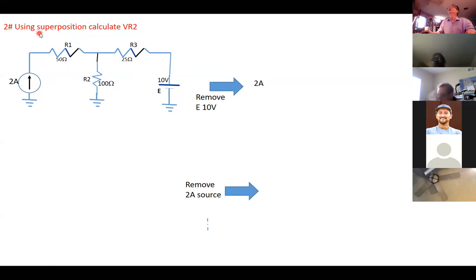They want you to use superposition to calculate VR2, the voltage here. So you have to remove one source and calculate the VR2. Then you remove the other one, calculate the voltage across R2, then add them up.